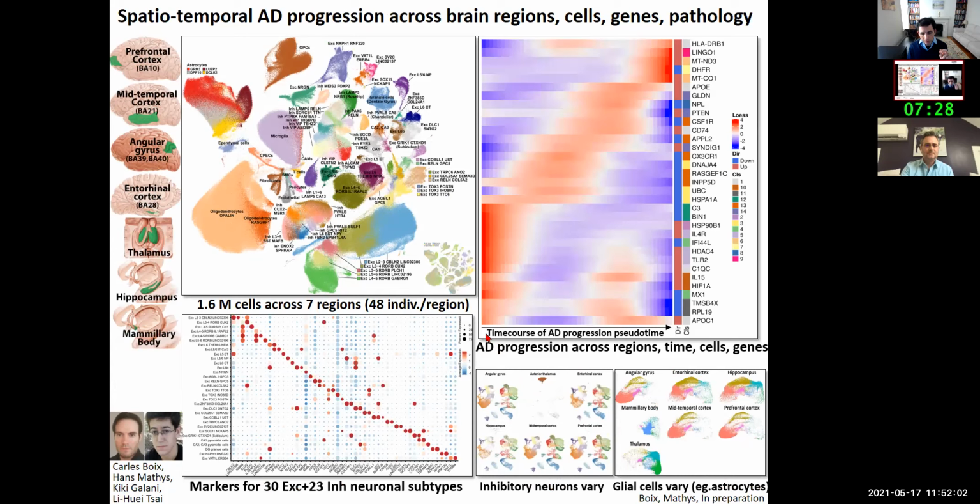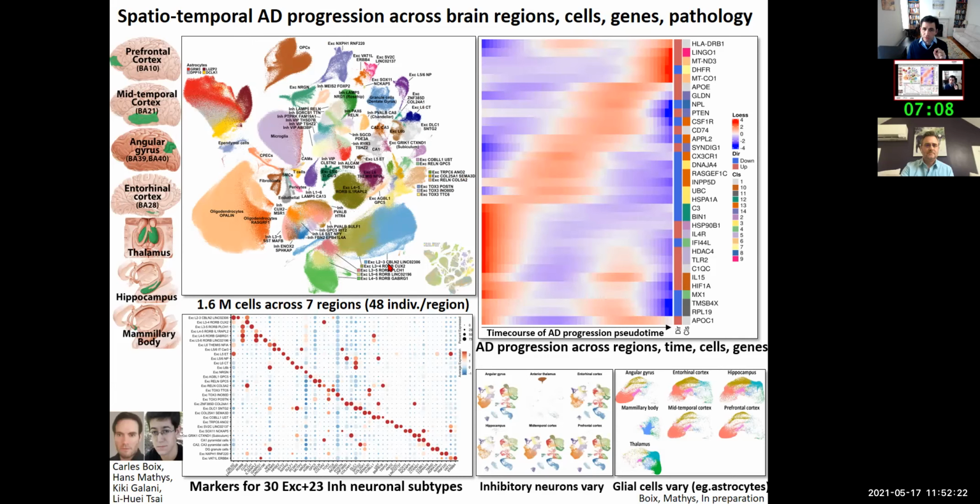And most importantly, we're able to take all of these 1.6 million cells and for each of them make a predictive function that predicts whether the individual is Alzheimer's or control, using the classification of the individuals that the cells came from and also the local pathology in every brain region that the cells came from.